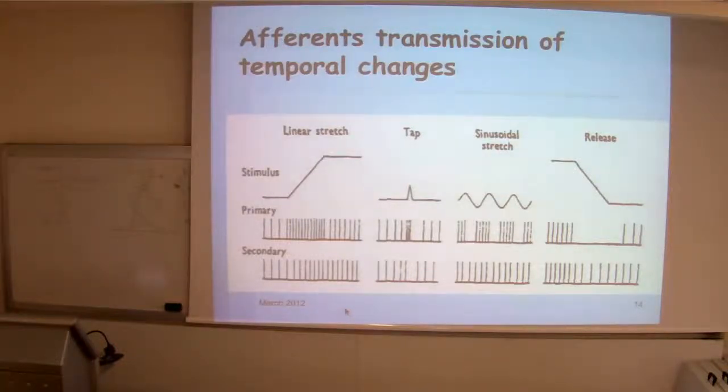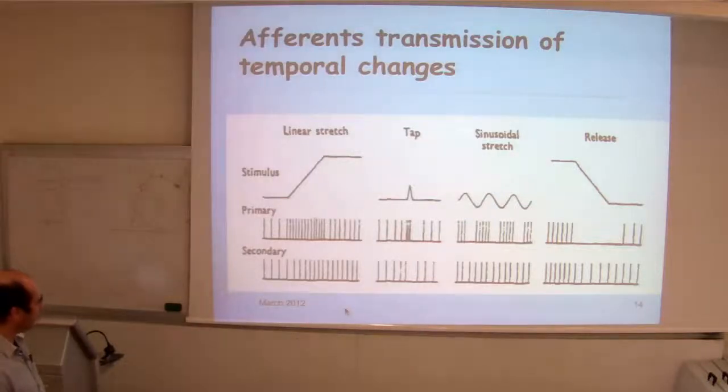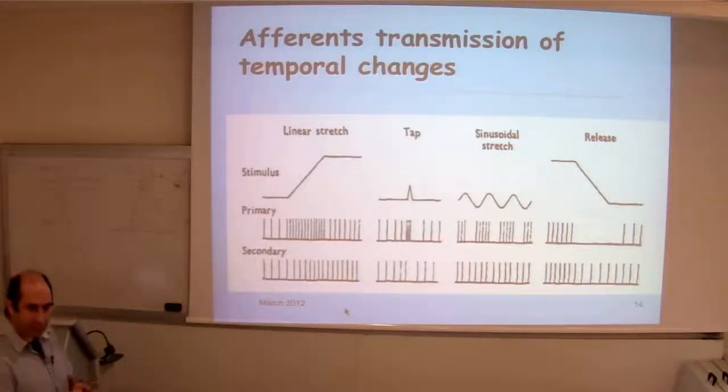If you make a tap, you'll get very quickly two or a few spikes. If you do a sinusoidal stretch, you'll get peaks around the time where you stretch the muscle, and you can release the muscle and then get a gap, and each one of these codes something about the dynamics of the muscle. Of course, like we had with sensory receptors, there are static and dynamic fibers.